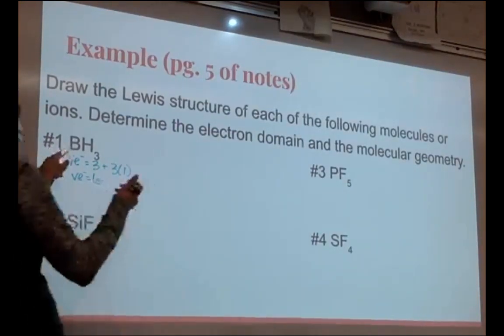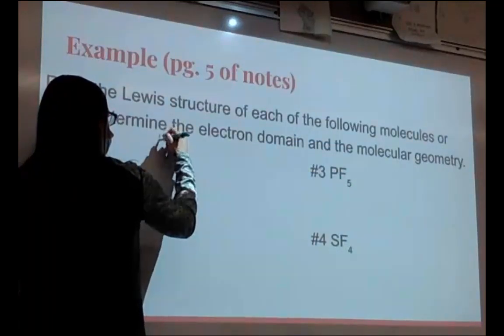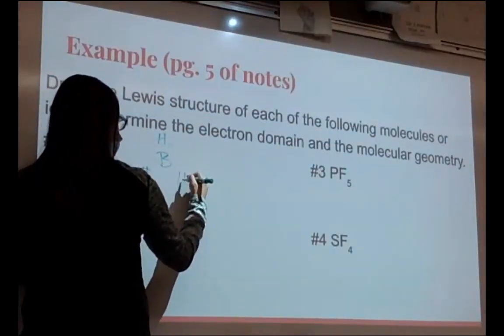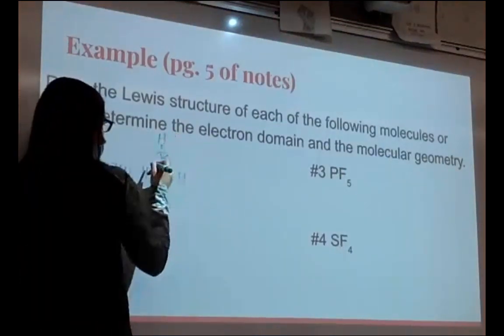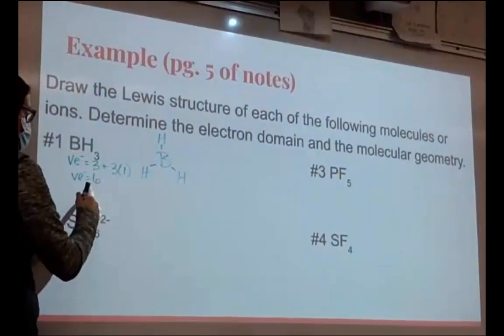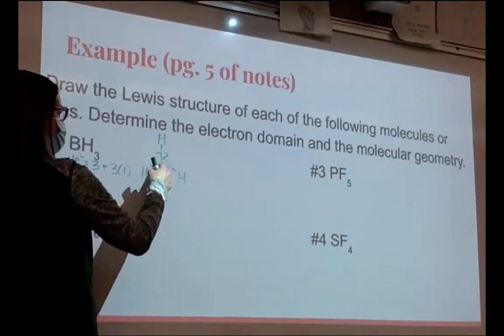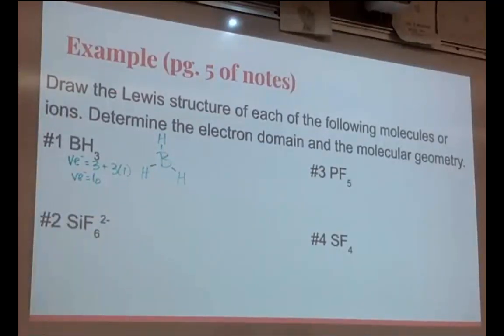Boron's going to be in the middle. We'll put 3 hydrogens around it. Do B and H have the potential to multiple bond? No. So all single bonds. I need to place 6 electrons: 2, 4, 6. So there's the Lewis structure.